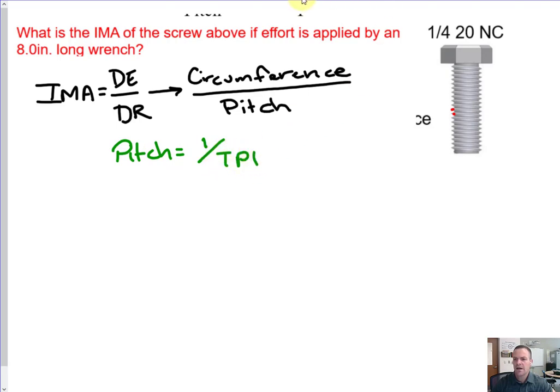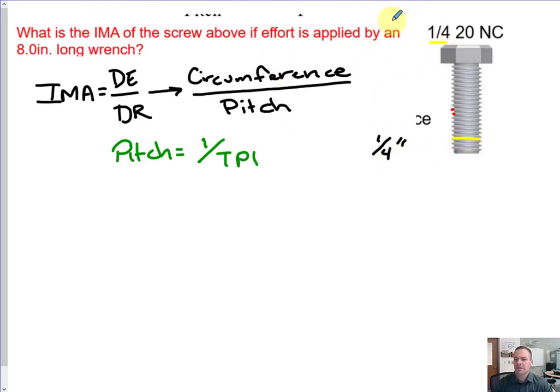And on a previous slide, it was told to you that the 1/4 represents the width of this part of the screw or bolt. Not this part, not this width, but the width of the actual threaded part of the screw or bolt is 1/4. So that is 1/4 of an inch in diameter.